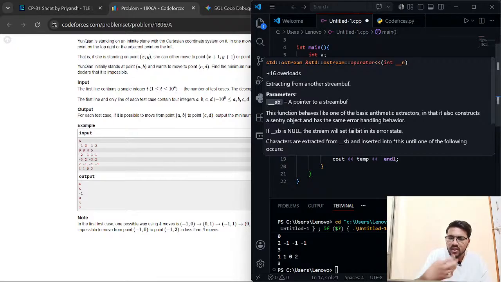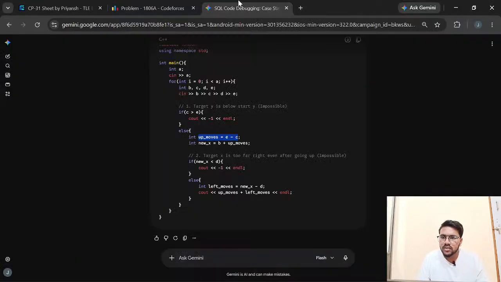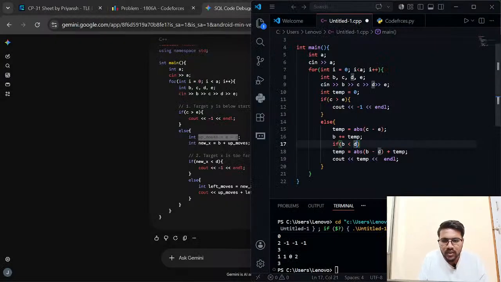Is 5 less than 4? Yes, it is less than 4. Then what we should -1, but our output b which is 0 plus 5 will be -1. Then we can't print it.